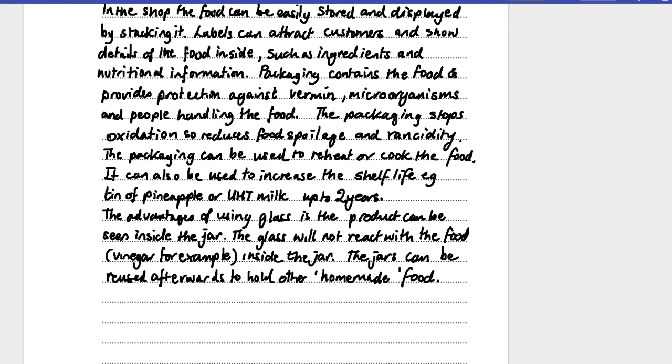For example, if you make your own jam, pickles. Jars and bottles can be given a metal seal which creates tamper-proof packaging.